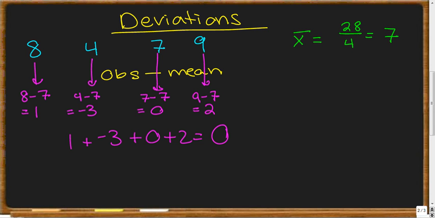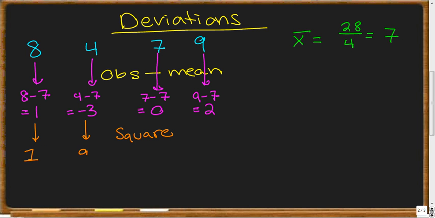So what we do in statistics is we take these numbers and we square them and then add them together. Okay, so we're going to square these numbers now. Squaring them, this gives me 1.